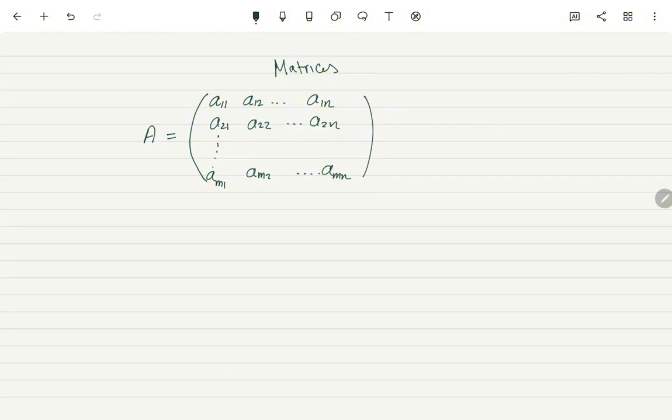This is the shape of a matrix. It looks like this one right here. And the order of this matrix is m by n. So it's written like m by n.